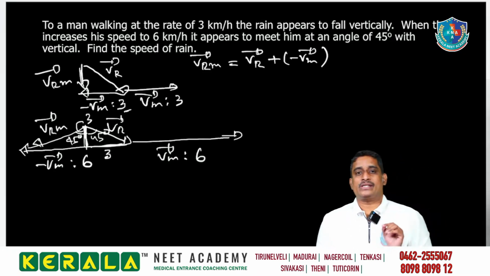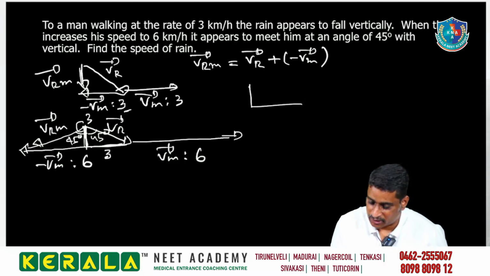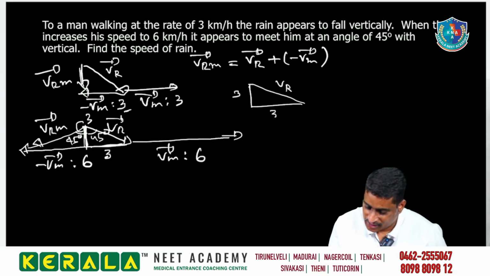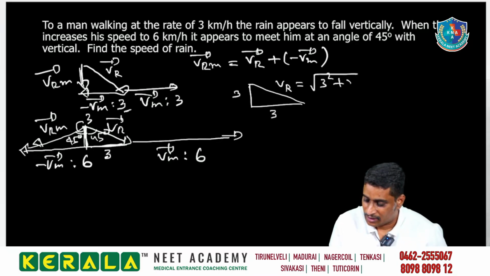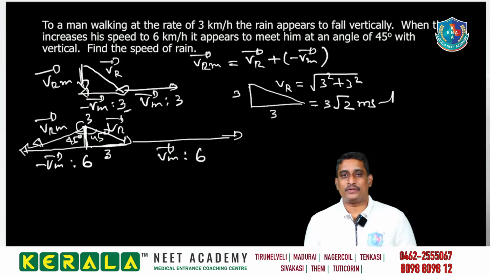Our requirement is calculation of the speed of the rain. The speed of the rain will be in this hypotenuse. If you take a separate triangle for this particular part, this is the speed of the rain. This is 3, this side is 3. So the speed of the rain will be equal to root of 3 square plus 3 square, nothing but 3 root 2 meter per second.